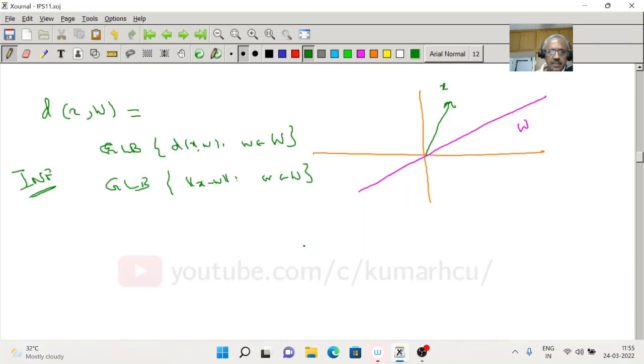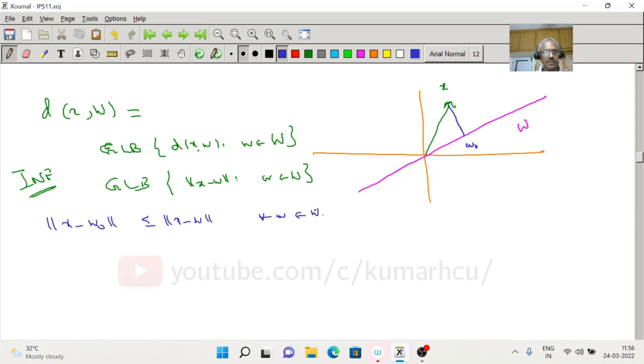Right? So this is the GLB or infimum, but what we are actually going to prove is something very interesting. We are going to say there is a vector w naught here, so that the norm of x minus w naught is less than or equal to the norm of x minus w for all w in W. That means this infimum or GLB is attained.